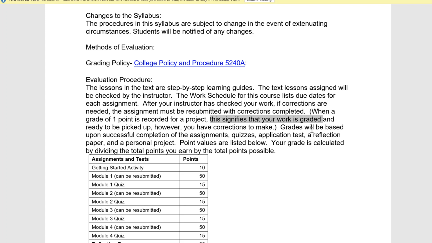So then if you make corrections and you see after a few days that your grade has turned into a 2, that means you still have corrections to make. Sometimes that happens. Most of the time though, you finish your corrections and it's all good and you will have 50 points in the gradebook. All right, so don't panic if you see a 1 point in the gradebook. It doesn't mean anything except your homework is graded and ready to be picked up. Correct it as soon as you can and turn it back in.